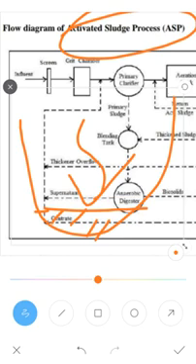Activated sludge is a sludge obtained by settling sewage in the presence of abundant oxygen.